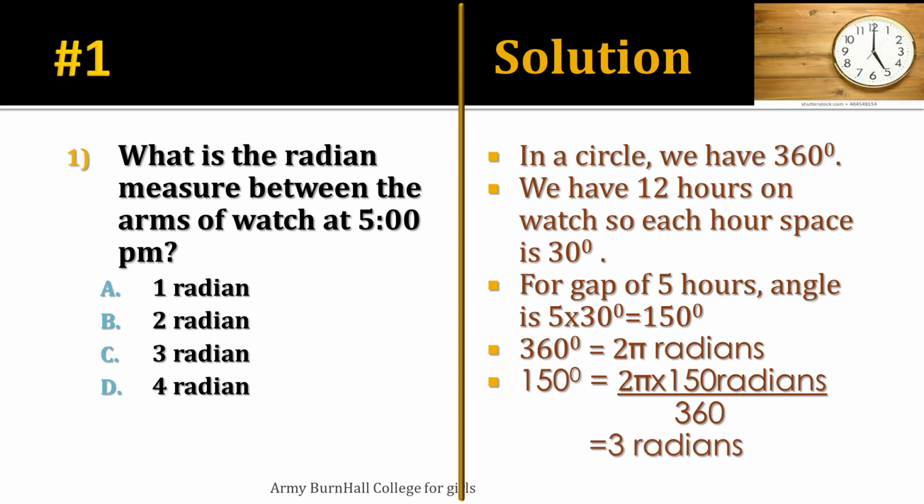What we have done is check the position of the arms of the watch at 5 p.m., calculate the angle in degrees, and then convert it into radians. So the correct option is option C, 3 radian. We have calculated the angle in radians at 5 p.m.